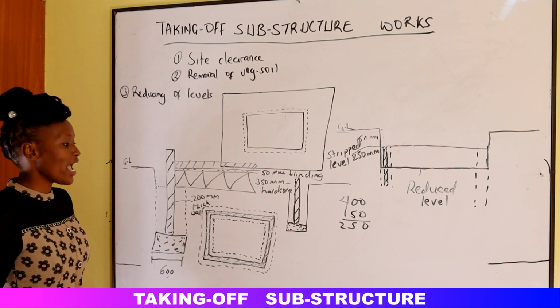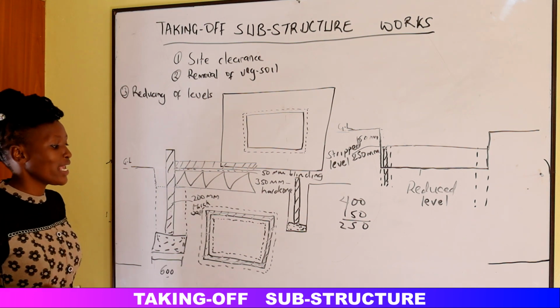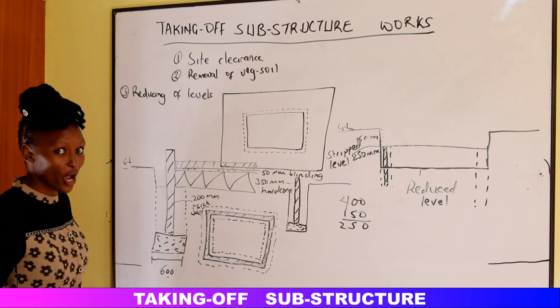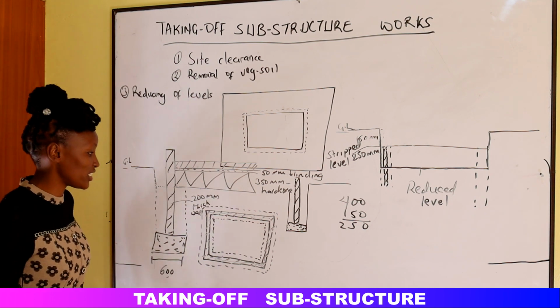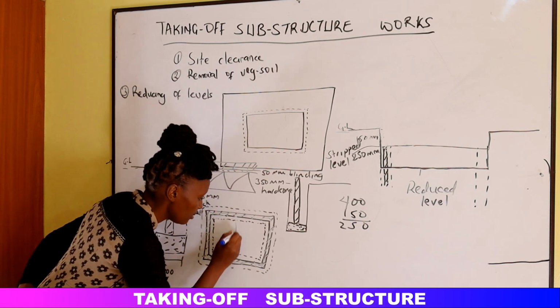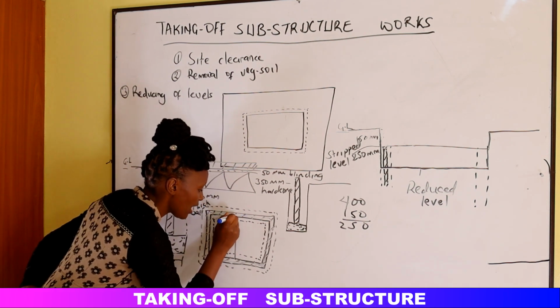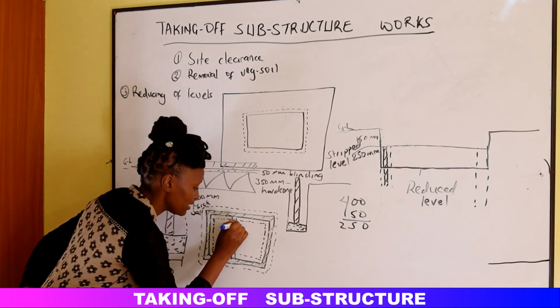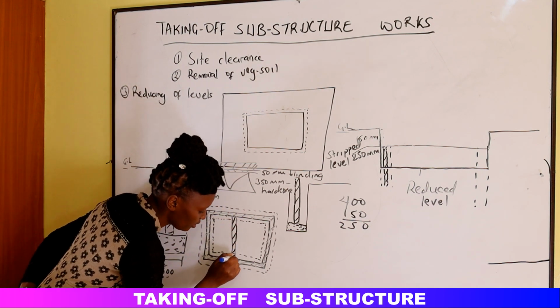Alright, I think I need to show you, just in case you had a building that had internal walls, how do you calculate the excavation for the trench? Assuming this building had an internal wall here. So there was a wall here.